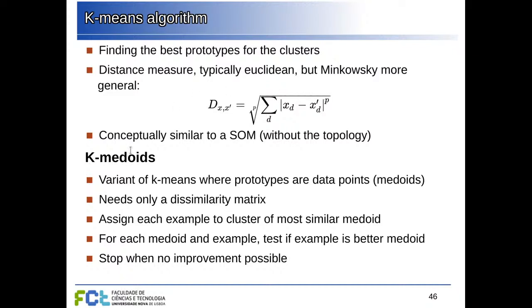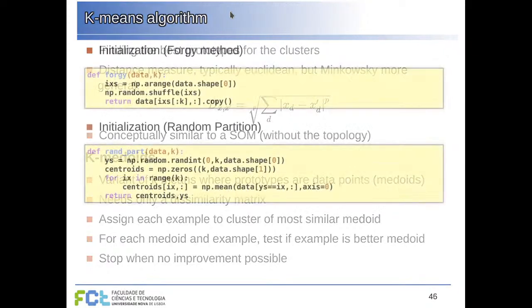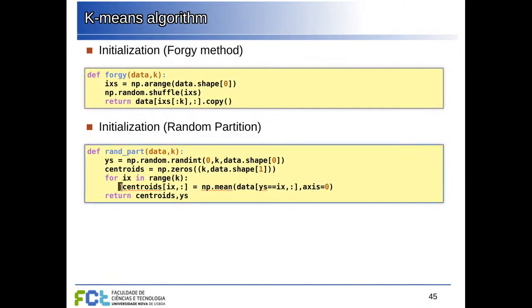You can also think of k-means conceptually as very similar to a self-organizing map that we saw previously, but without the topology of the network. So these vectors, the centroids, are really independent of each other. Now, one problem with k-means is that we need to compute the midpoint of examples.